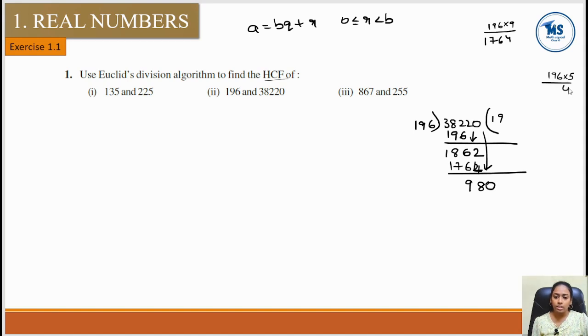Let's see: 5 nines are 45, and so on, up to 980. Yes, 5 times. Oh, it exactly divided the number.